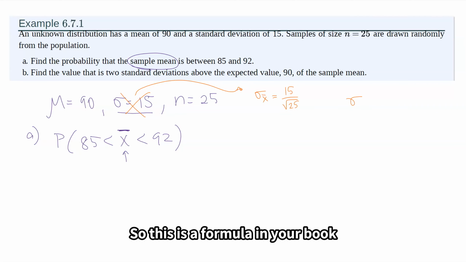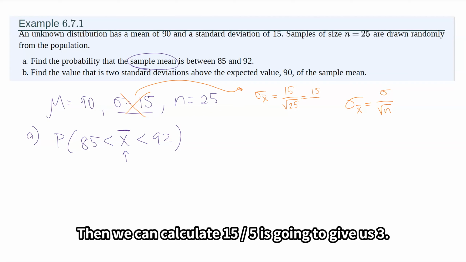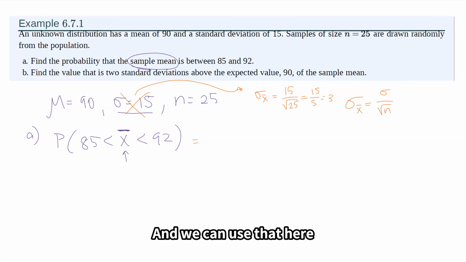And so this is a formula in your book. When you're given a sample, the new sample standard deviation is the old standard deviation divided by square root n. And we can calculate this. 15 divided by 5 is going to give us 3. And we can use that here in our calculation of the betweens.